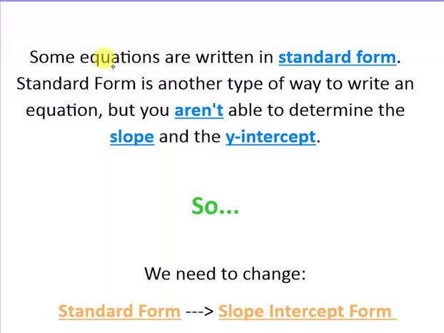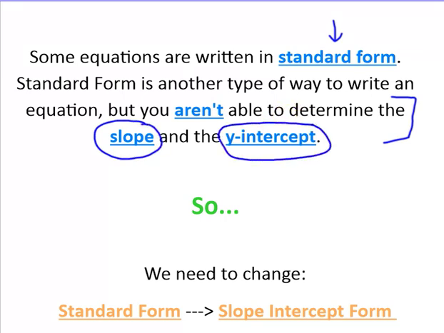So some equations are written in what's called standard form. Now, standard form is another way to write an equation, but here's the problem with standard form. You are not able to determine right off the bat what the slope and the y-intercept is.